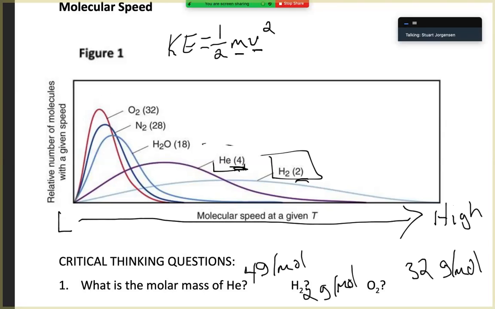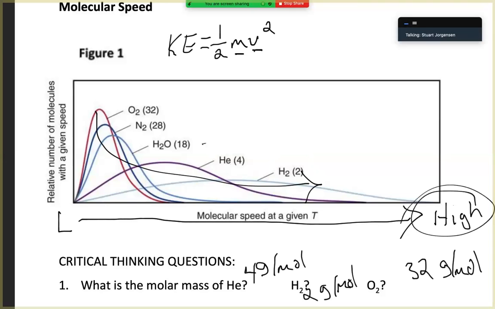As we go 32 to 28 to 18 to 2, from left to right on our graph, our molar masses are decreasing and the speed is increasing. And this makes sense. To have the same amount of kinetic energy, the same kind of speed of motion, as your particles get lighter, they're going to be traveling faster. Our mass and our velocity are going to have an inverse relationship.